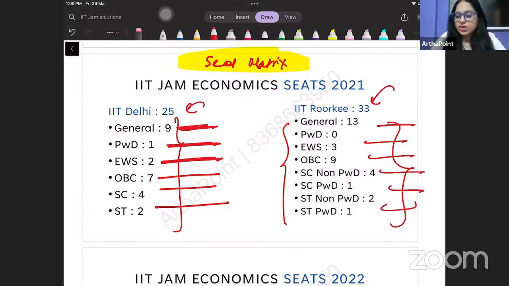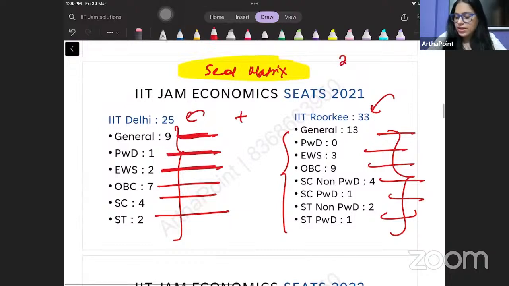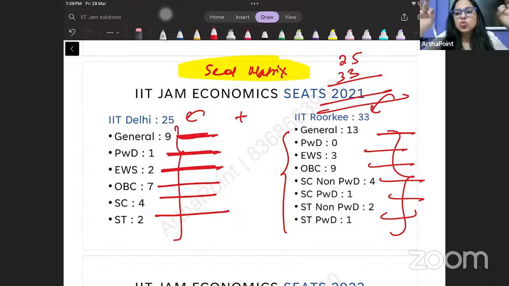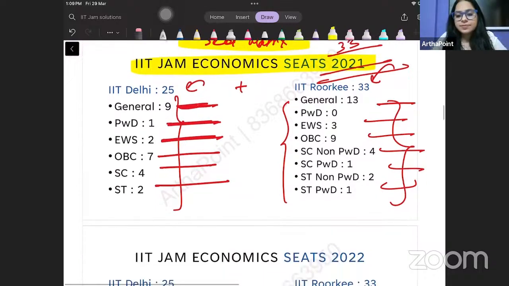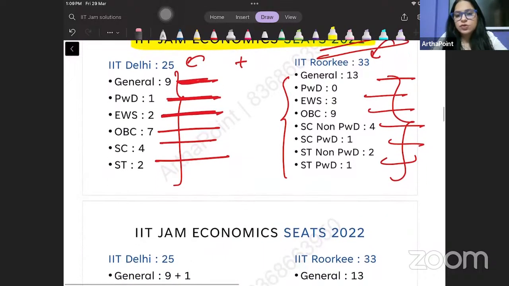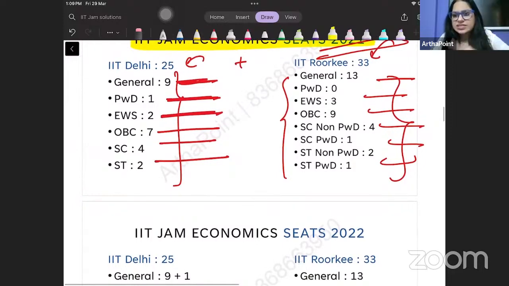Right, beta? So in total, we have 25 plus 33 seats in these two IITs. This is as of 2021, but as I have told you, the seat matrix has remained more or less the same.